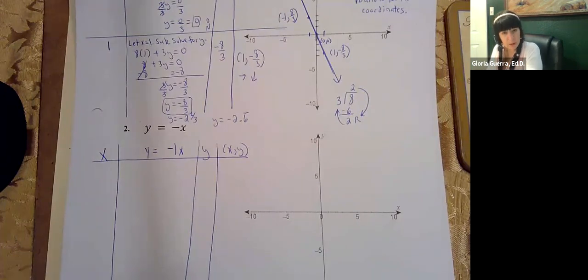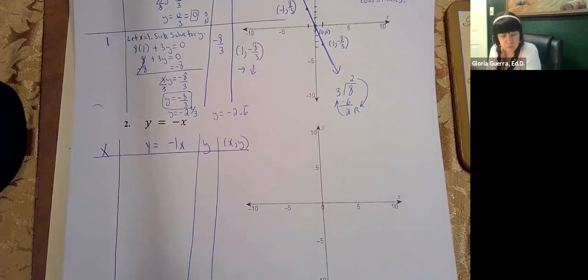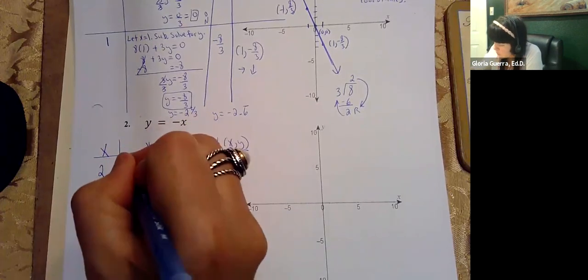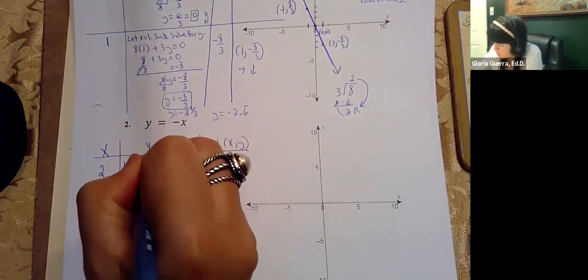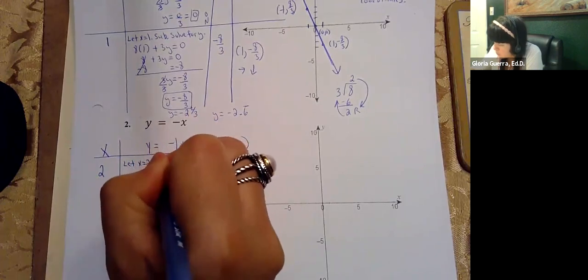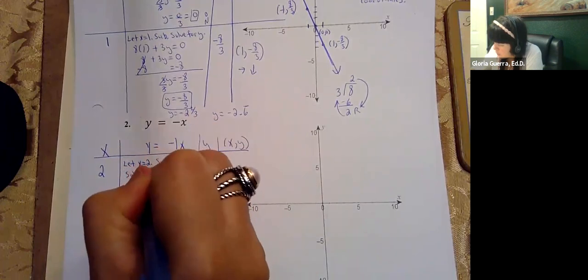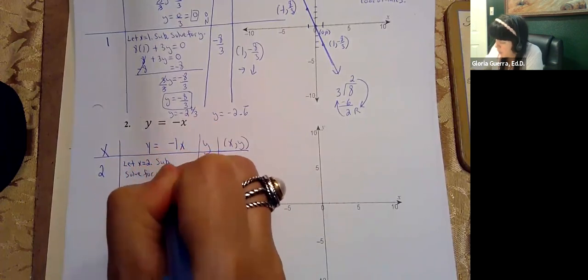I'll choose 0 in a little bit, but first I'm going to choose 2. Let x equal 2. I'm going to sub and solve for y.